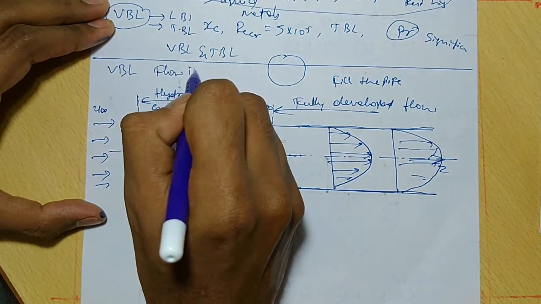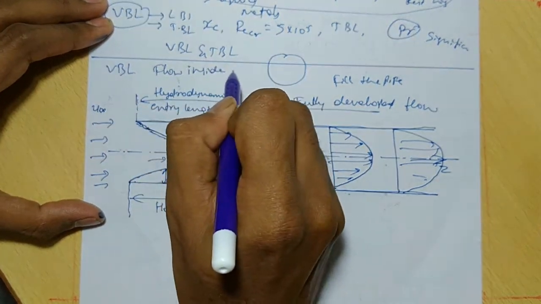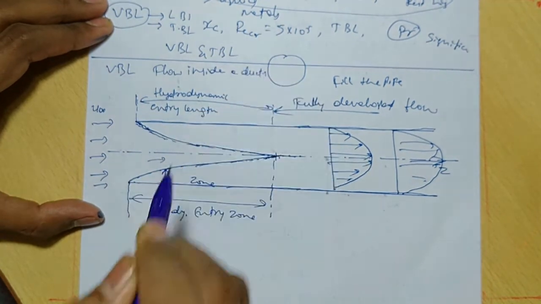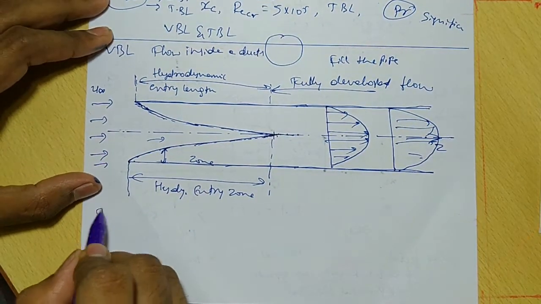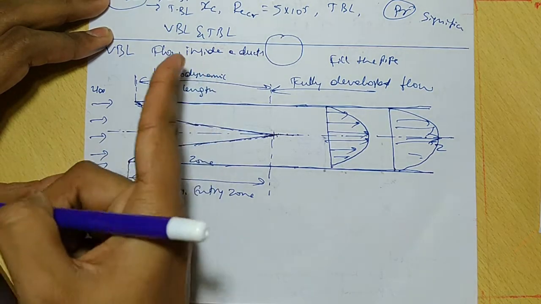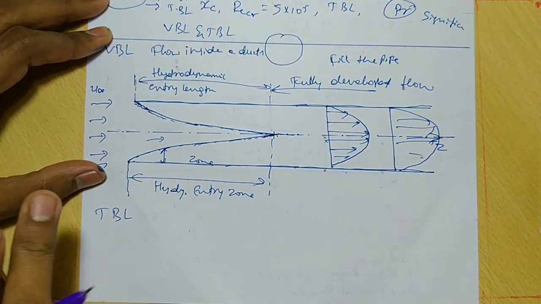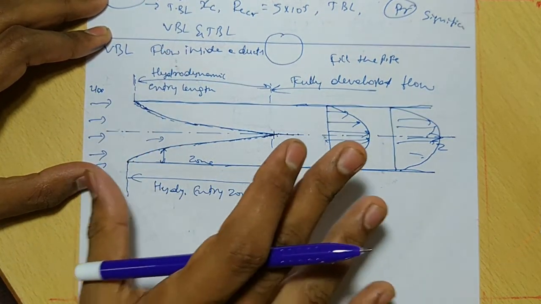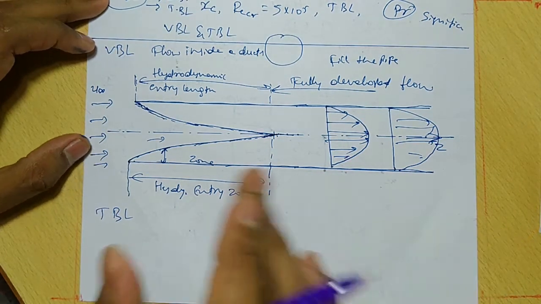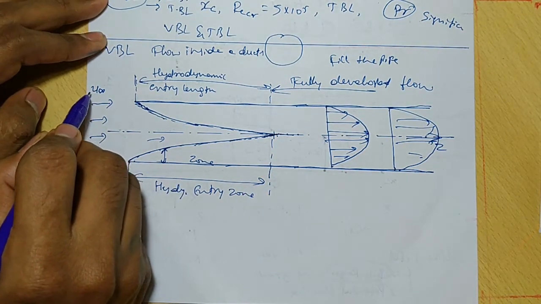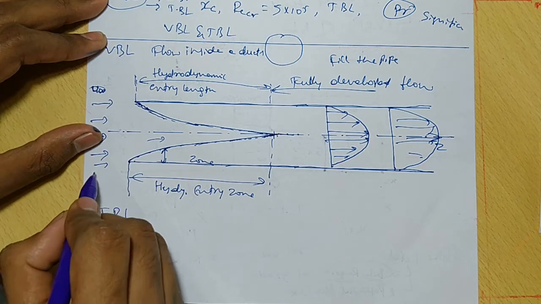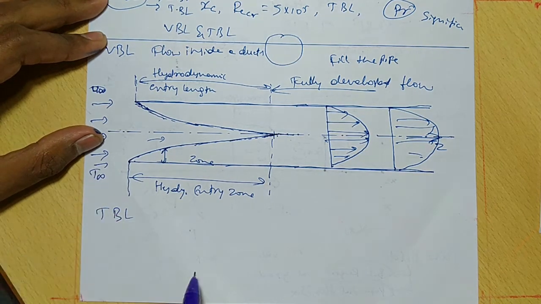Now come to the TBL, the thermal boundary layer for flow inside ducts. The same phenomenon and the same profile will be obtained. Instead of U infinity, you use T infinity.